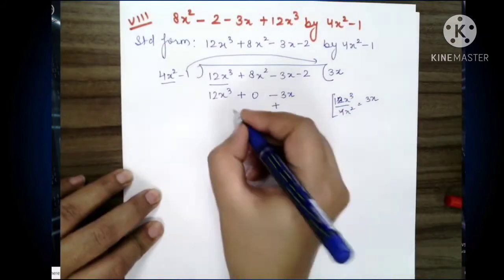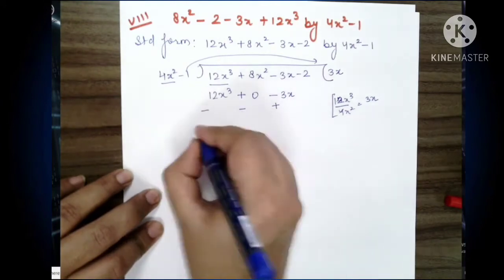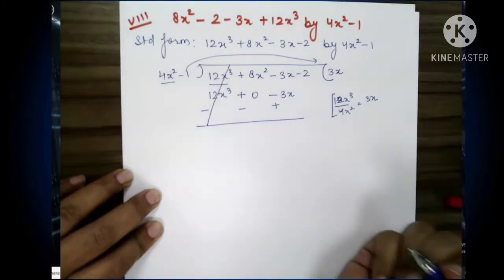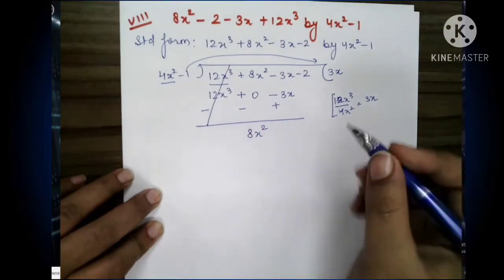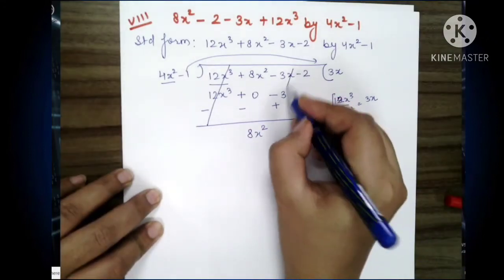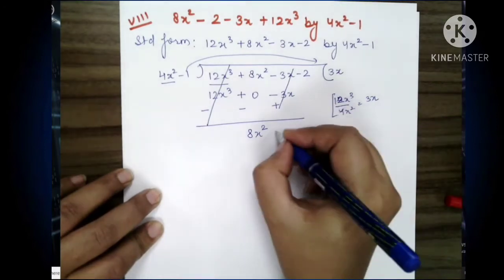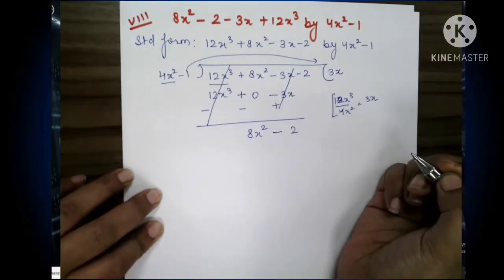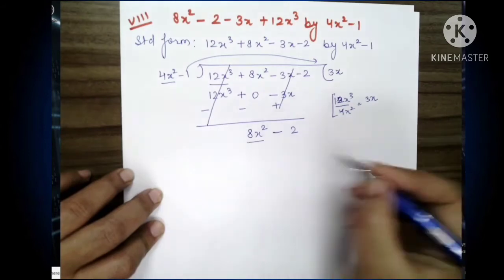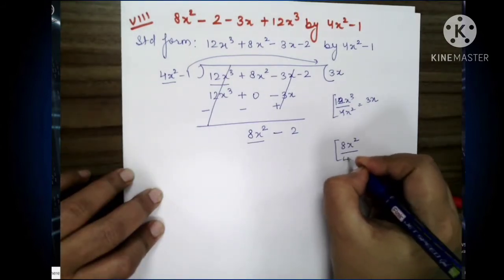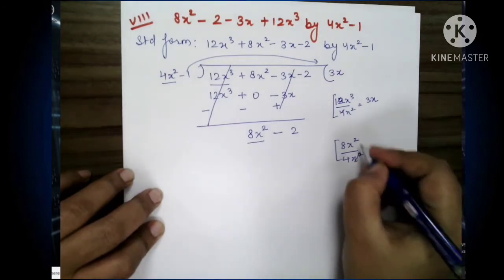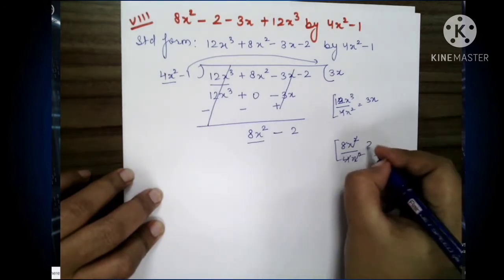Minus becomes plus, minus, minus. First term cancels. It is your 8x square. Minus 3x plus 3x cancels. Now we are having minus 2. Now first term 8x square divided by 4x square cancels, it is 2.